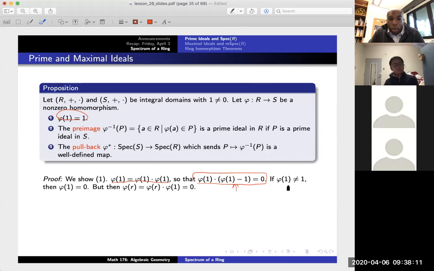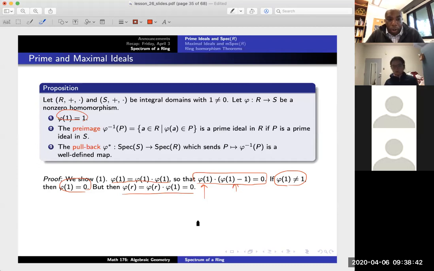So let's say for the moment, what if phi of 1 does not equal 1? Then that means, because again we're in an integral domain and so we have no zero divisors, that the first factor has to be 0. So phi of 1 has to be 0. But if this is the case, pick any element lowercase r in capital R. Well, r is r times 1.